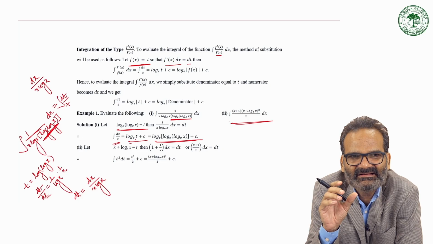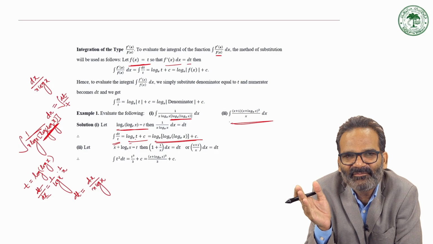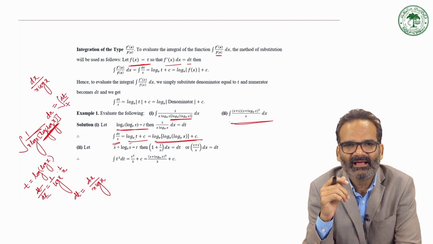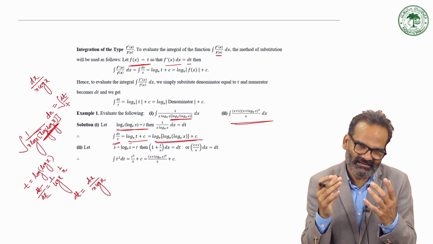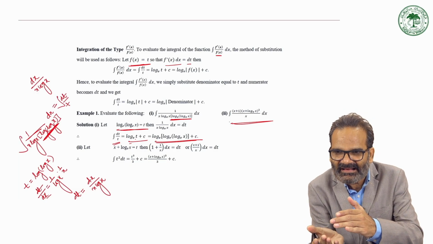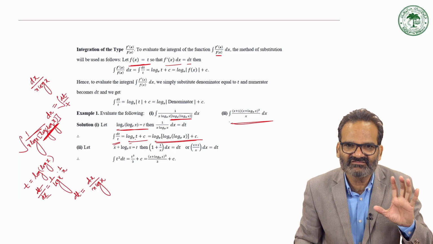If we substitute x plus 1 equal to t, we cannot obtain the remaining portion either. So what is left? x plus log x. Actually, we substitute that portion equal to t, from which we can obtain the remaining portion of the given function. This is the best way out.